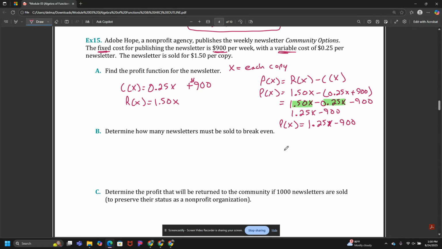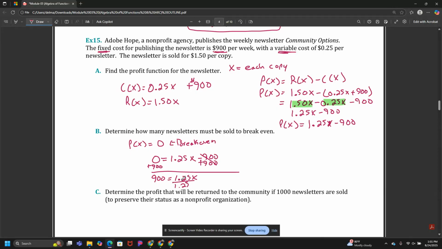Determine how many newsletters must be sold to break even. So breaking even is when the profit is 0. Okay, that's the break even point. Because you haven't made any money and you haven't lost any money. So let's solve our profit function for that. So first I'm going to get rid of the constant by adding it over. 900 is equal to 1.25x.